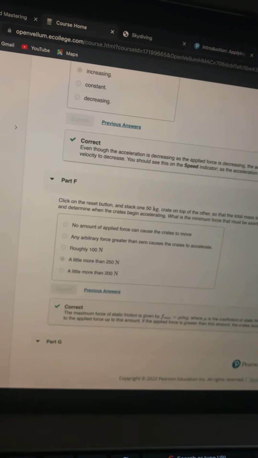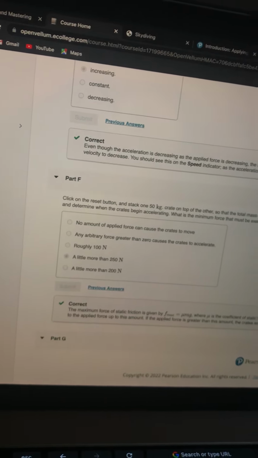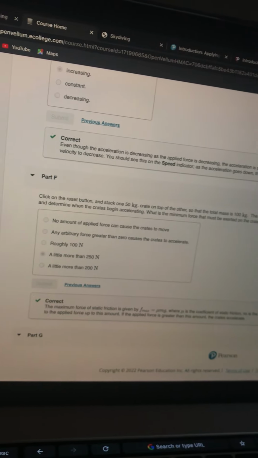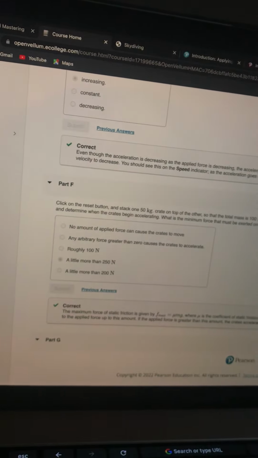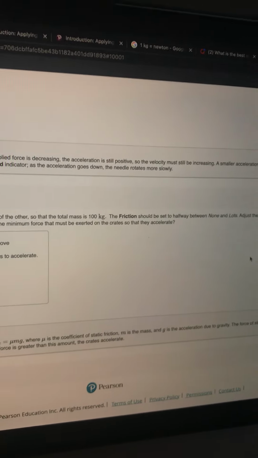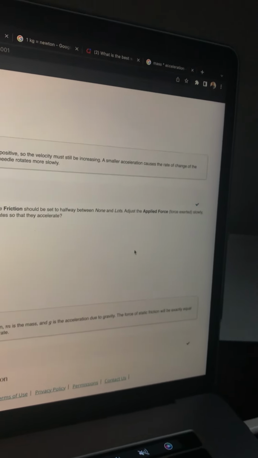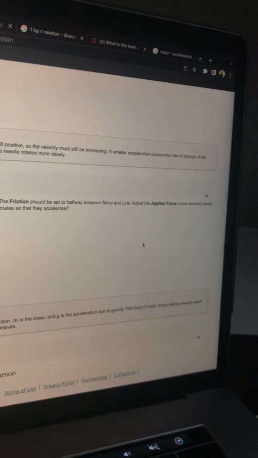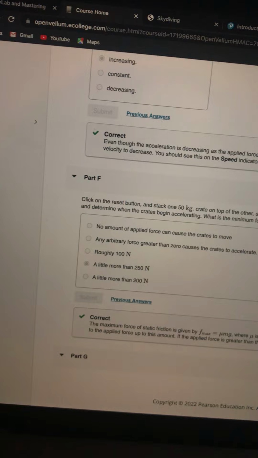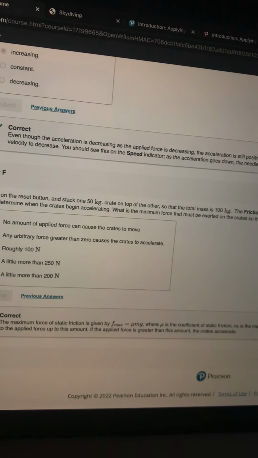Let's see. We have 50 kilogram crates, one on top of each other, that makes 100 kilograms total weight of the object. And then we're going to have a little bit of friction going on. Increase the force slowly and determine when the crate begins accelerating. What is the minimum force that must be exerted on the crates so that they accelerate?